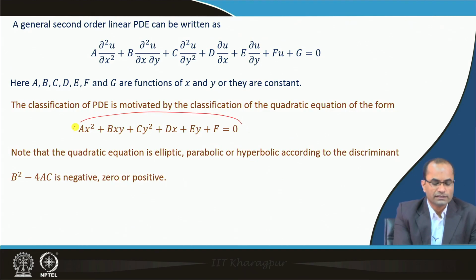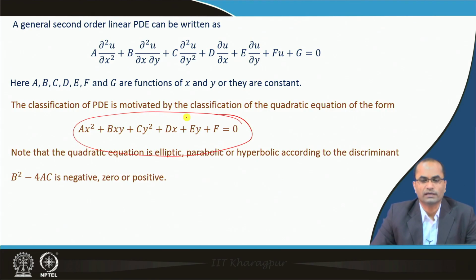This is again easier to remember if we relate it with this quadratic equation, and the classification of this second order partial differential equation is exactly based on this terminology.